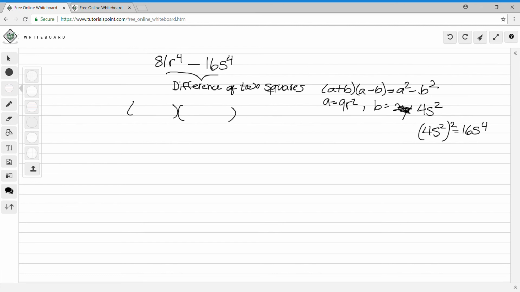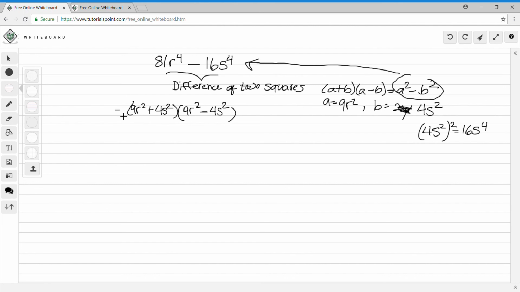So once you know your a and b, you just put it in this formula, because this part already is this part. So it should equal this part. We said our a was 9r squared plus b, which is 4s squared, and then a minus b, which is 9r squared minus b, which is 4s squared, right?